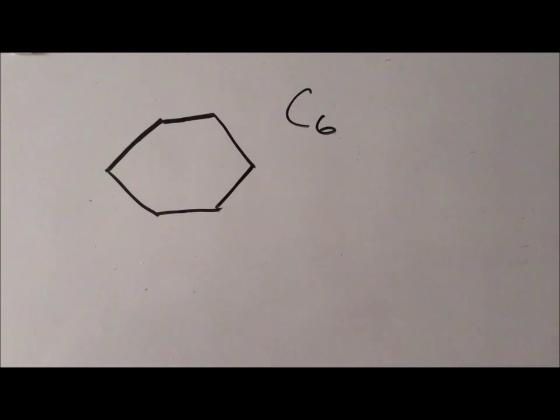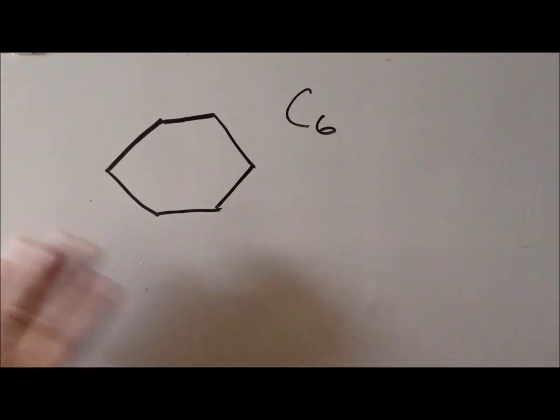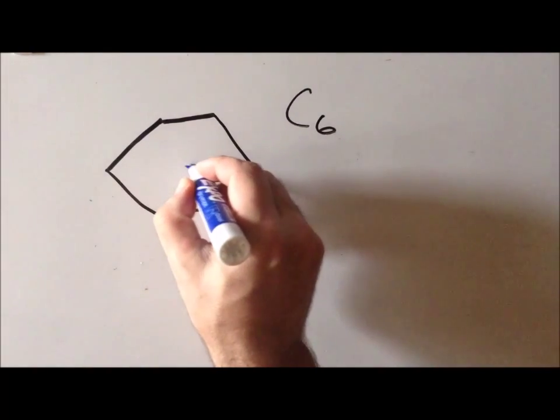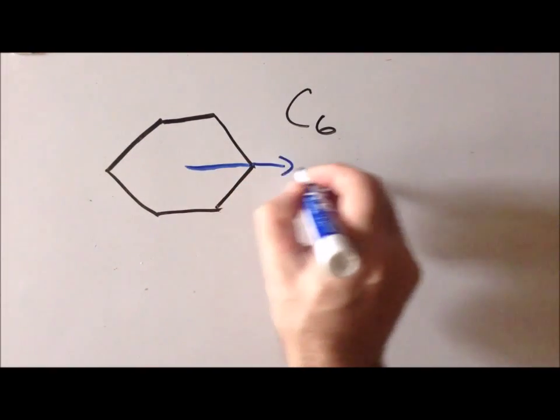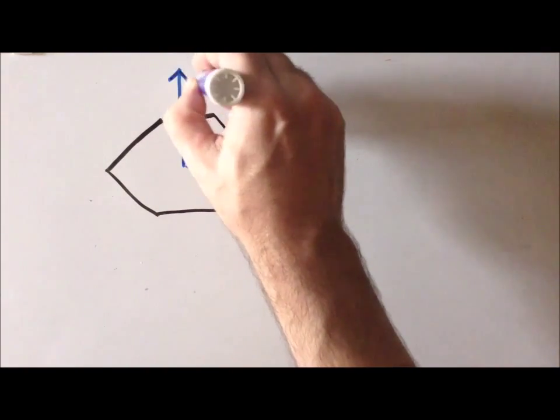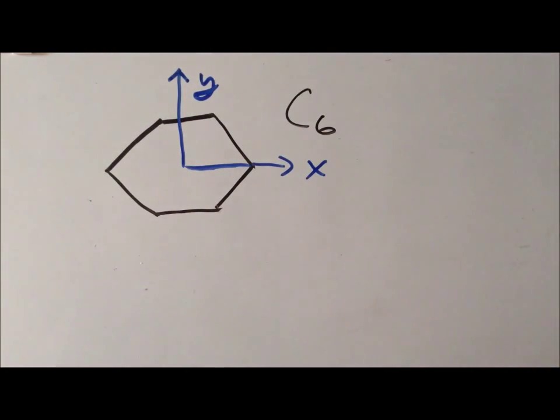So again, let's define our axes. We can put the x-axis along here, the y-axis along there. And now we want to look for mirror planes. We can recognize right away that we have mirror planes, for example, along the y-axis. So we would have a sigma yz along here.